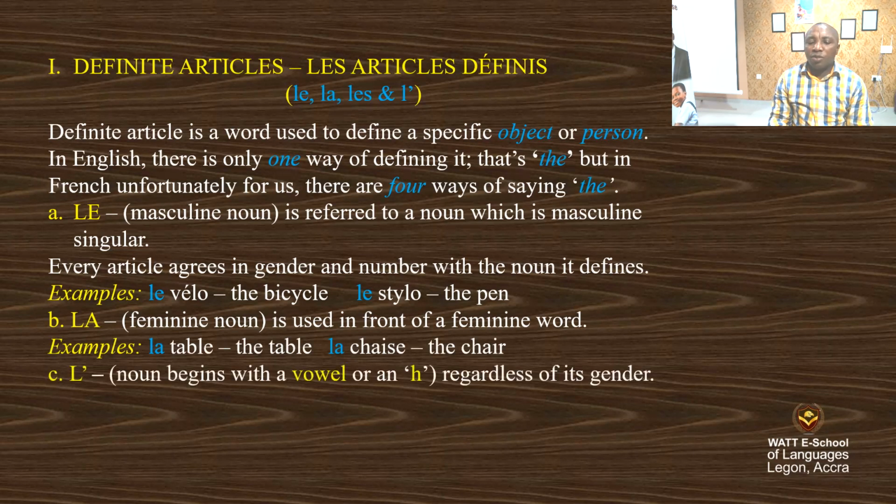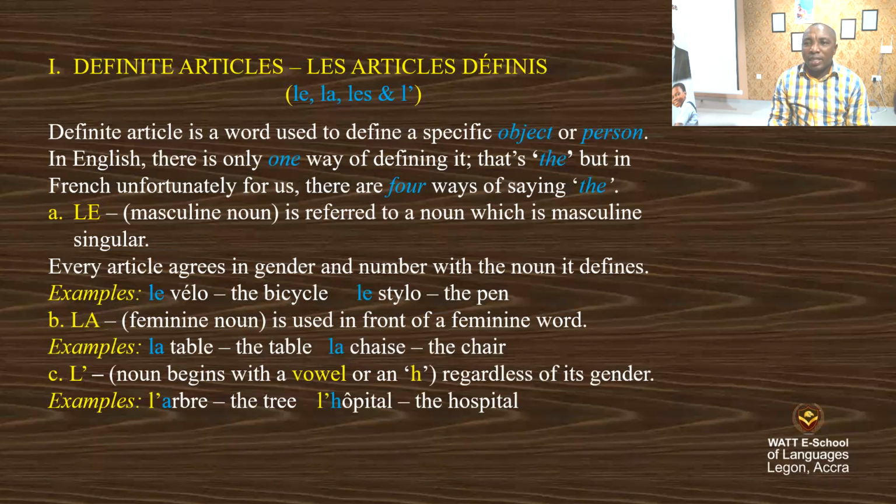L'apostrophe. It is for nouns beginning with a vowel or a silent H, regardless of its gender. Examples, l'arbre. You can see the word arbre begins with a vowel.